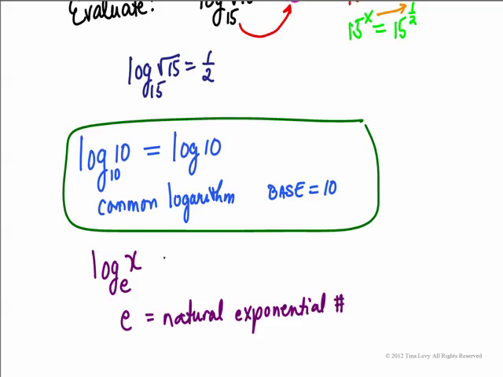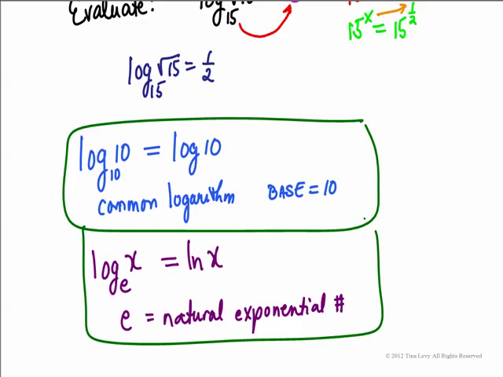And instead of being written log base e, we write it ln x. So when you see an ln, that means it's log base e. It's a good idea to memorize both of these. A log without a base is understood to be base 10. ln is understood to be base e, which is the natural exponent.